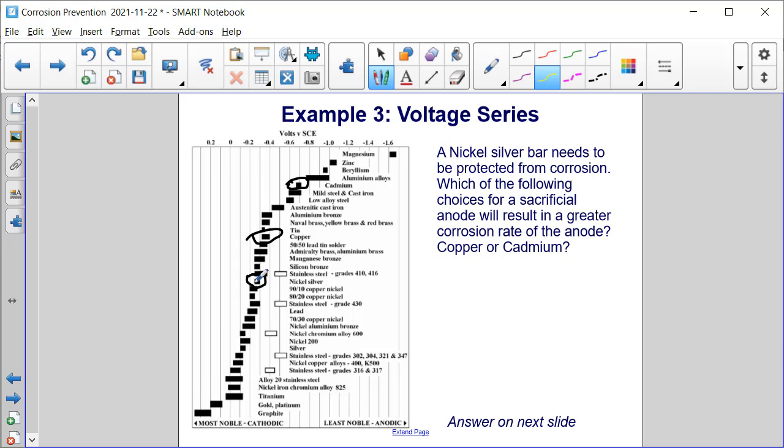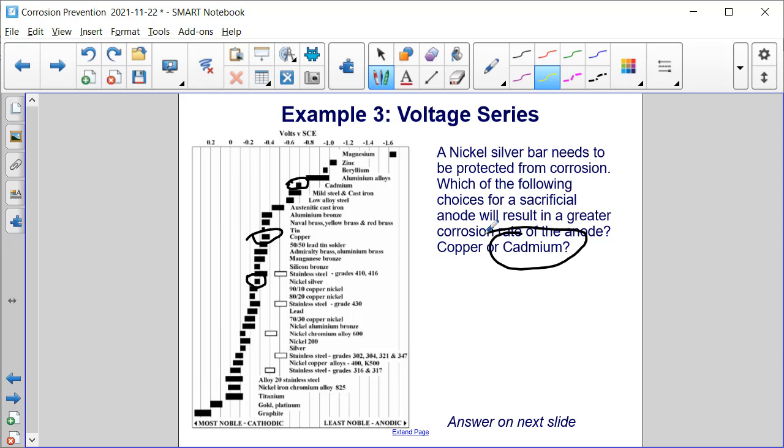And so if we look here, the nickel silver is about 0.3, and the copper is somewhere between 0.4 and 0.5, whereas the cadmium is about 0.7.